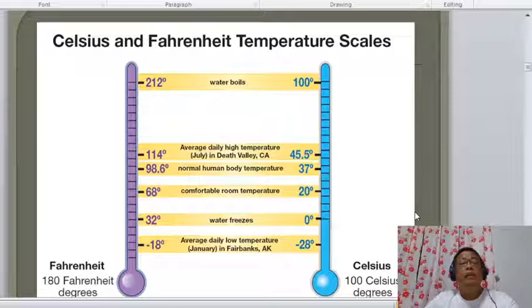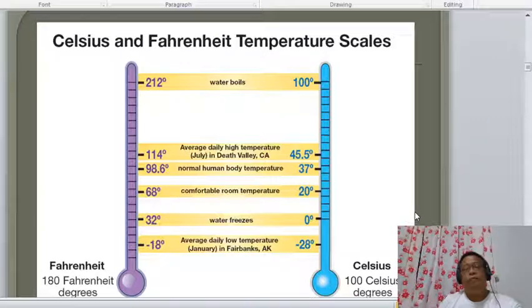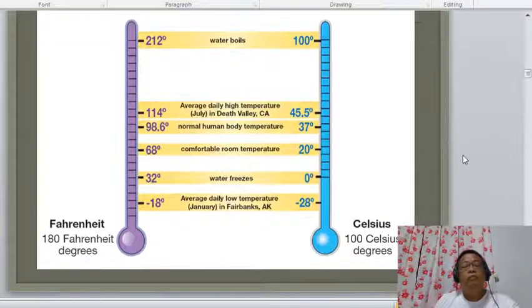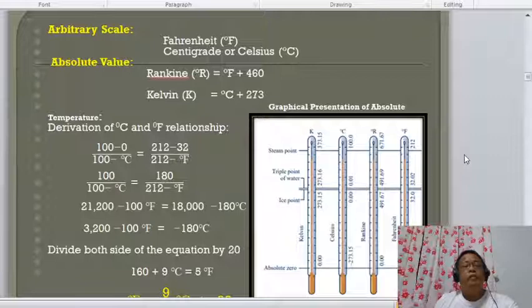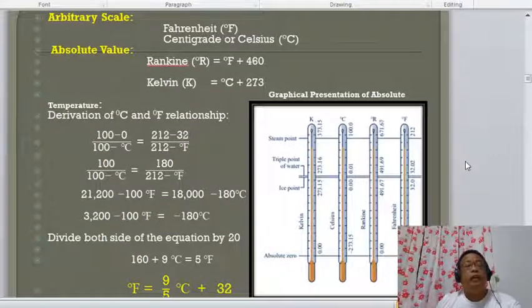And in the Celsius scale, that is designated as 0, meaning the water will start to freeze or solidify at this temperature. So this is another arbitrary scale, of course, the Fahrenheit and the centigrade or Celsius scale.